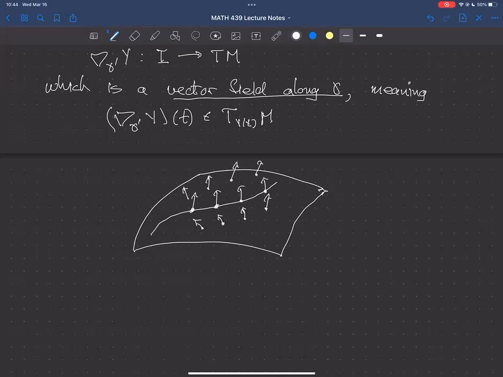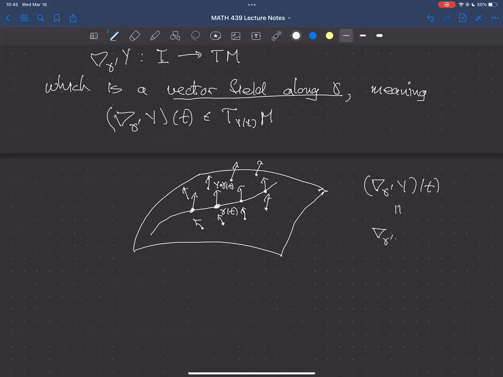If this point right here is gamma of t, that tangent vector will be y at gamma of t. Then I have nabla gamma prime y of t, which is equal to, again, the obvious definition using what I've already defined.